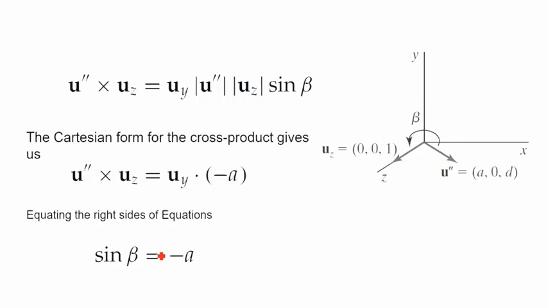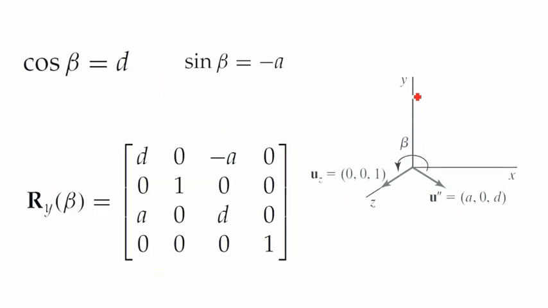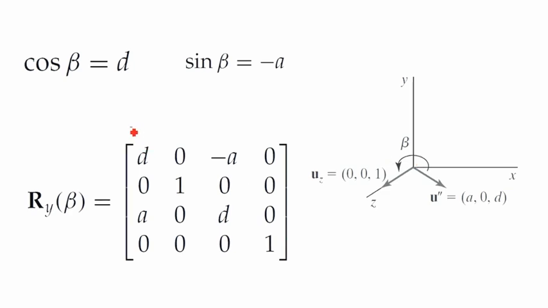If I have to rotate it around y-axis, the y-axis rotation matrix has cos beta, sine beta, minus sine beta and cos beta.